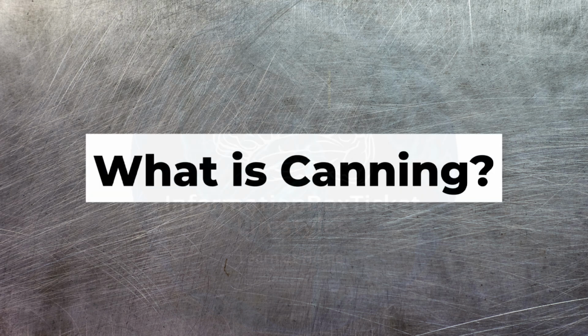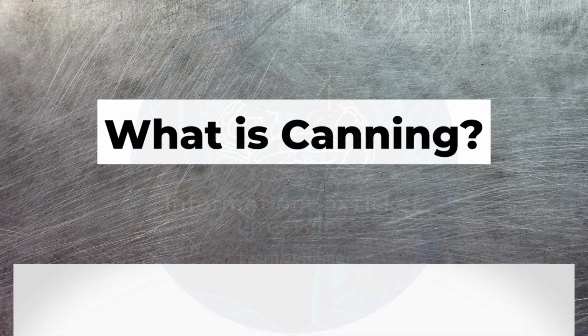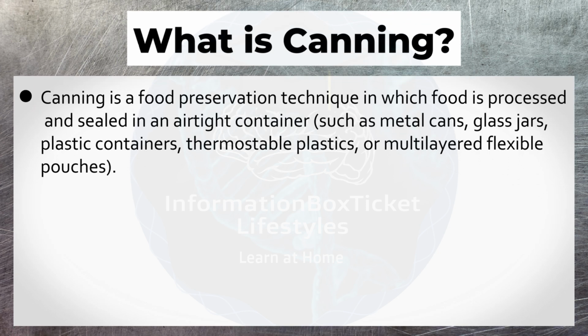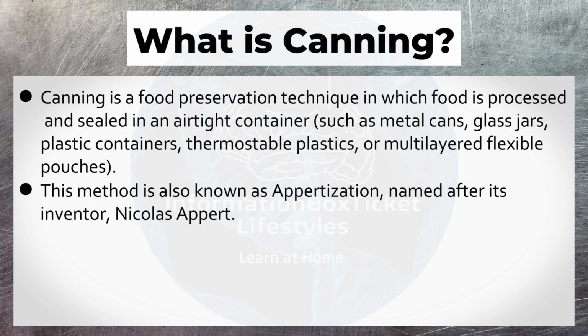What is canning? Canning is a food preservation technique in which food is processed and sealed in an airtight container, such as metal cans, glass jars, plastic containers, thermostable plastics, or multi-layered flexible pouches. This method is also known as appertization, named after its inventor, Nicolas Appert.